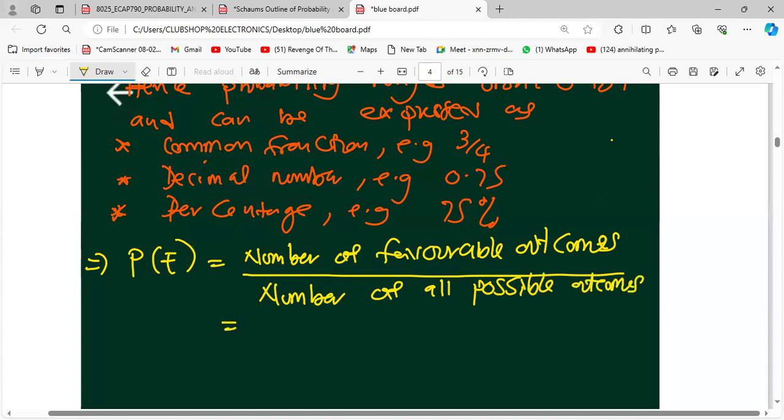Okay, that's what we mean. So we say the number of favorable outcomes, the number of times of an event, divided by the possible outcomes, which is the sample space.